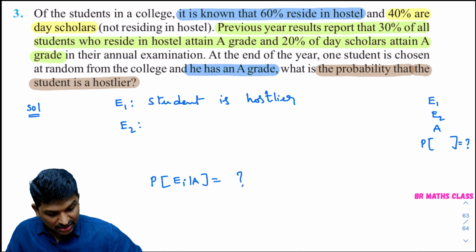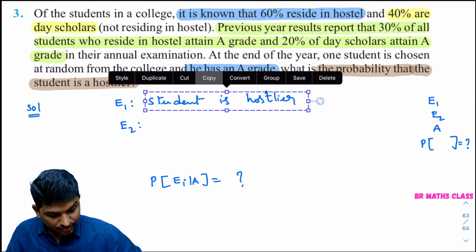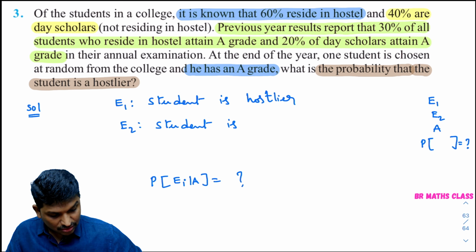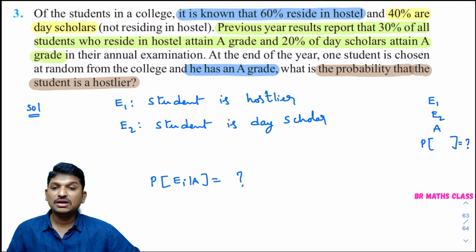E2 is student is day scholar. After reading the question, we understand this: what is E1, what is E2. Only two types of students are there. One is residential, another one is day scholars. Residential students, that means hostel students, and day scholar students.